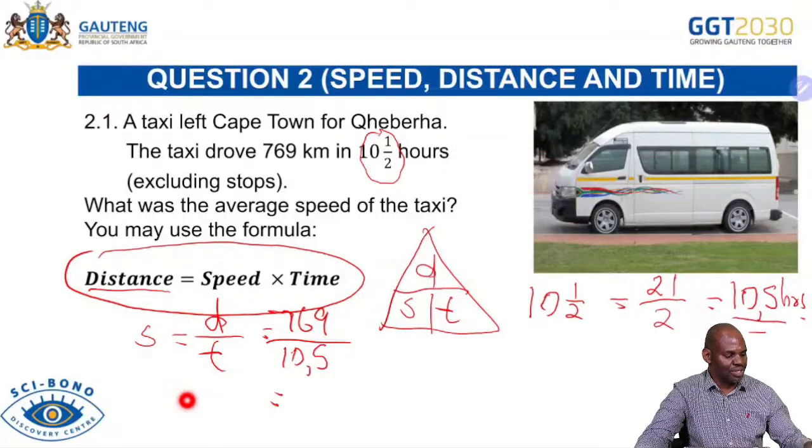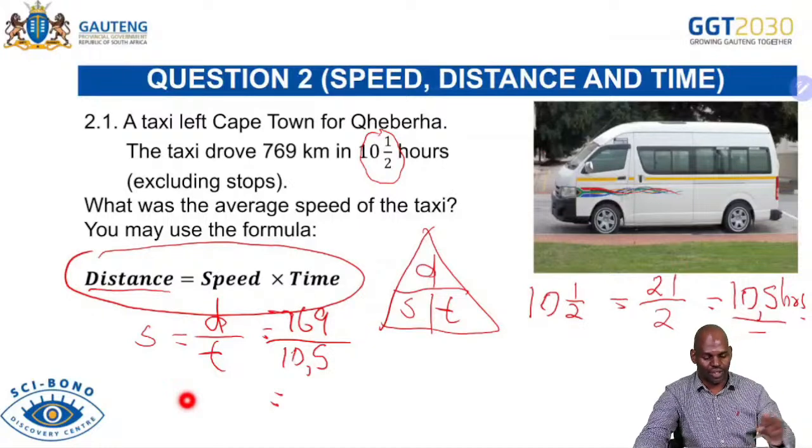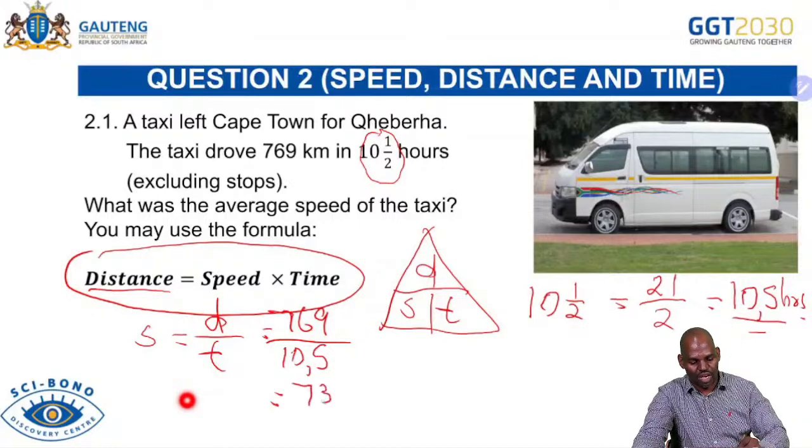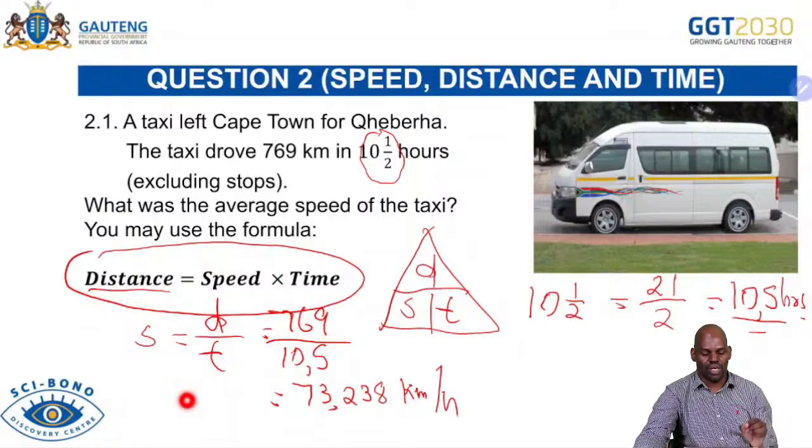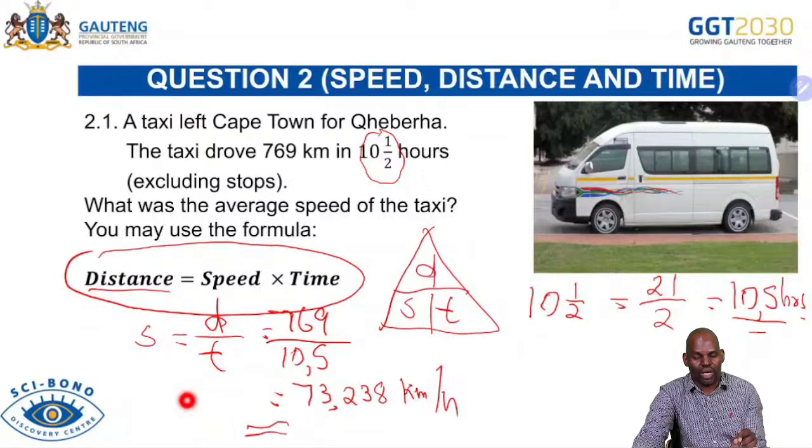Then this is 73.238, and this is in kilometers per hour. Again, the question doesn't specify the rounding. So please always write down the original answer with as many decimal places as possible, and then from there you can round off.